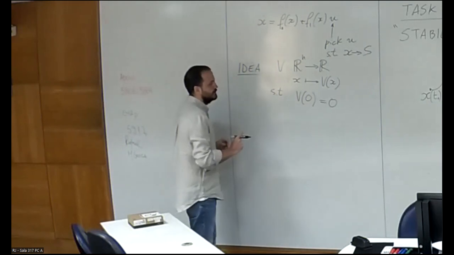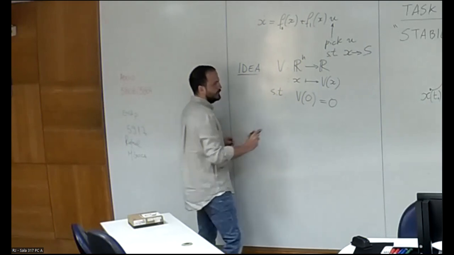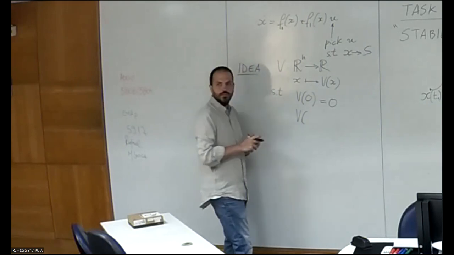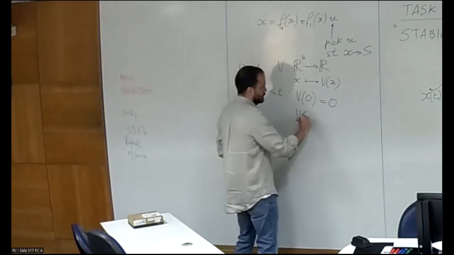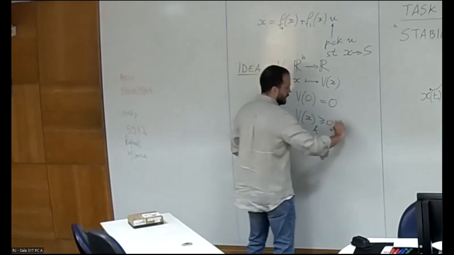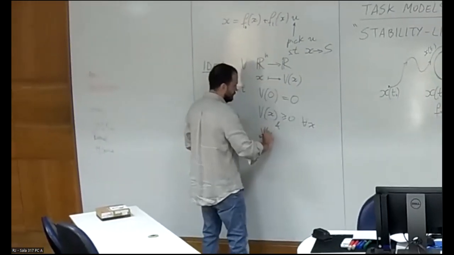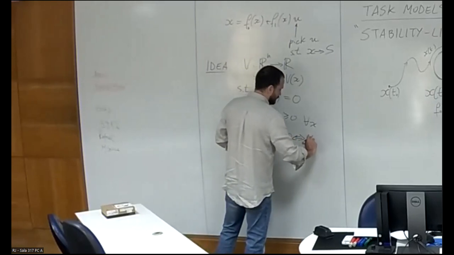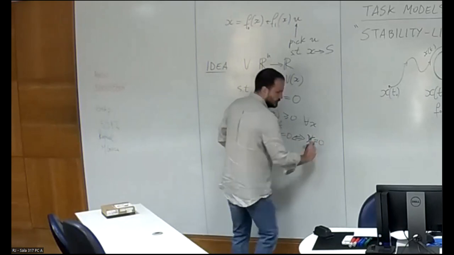More formally, we will need V to be a so-called positive definite function. So V of x is greater than or equal to 0 for all x, and V of x is equal to 0 if and only if x is equal to 0.